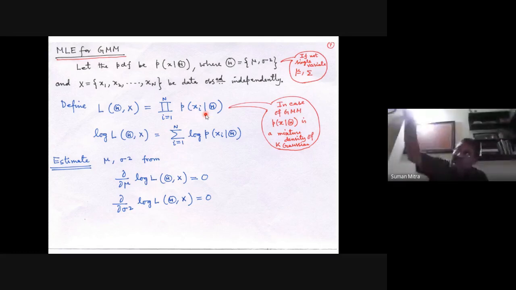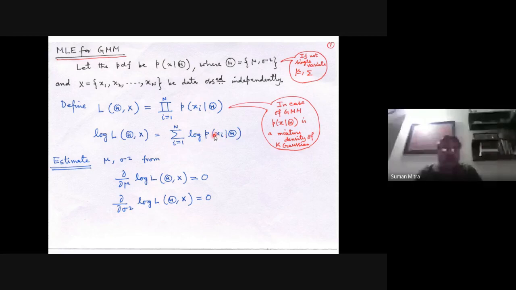The mu and sigma values are in the power of e, so we take log base e. Then this value becomes summation i equal to 1 to n of log p of xi given theta.